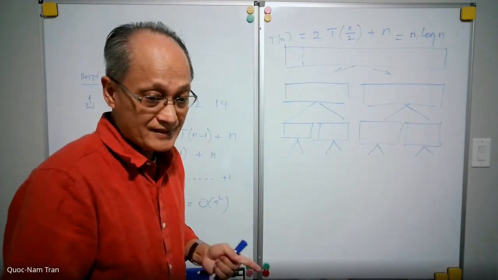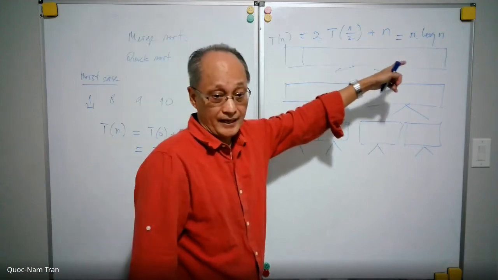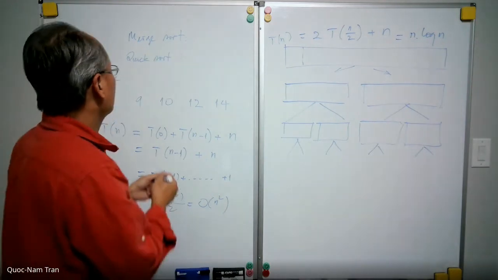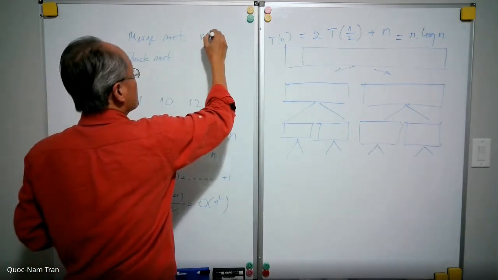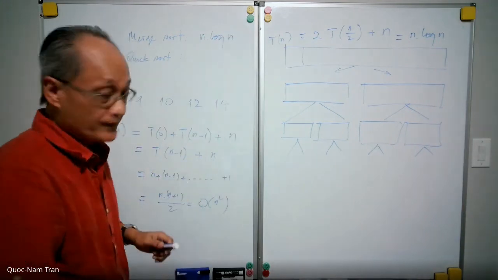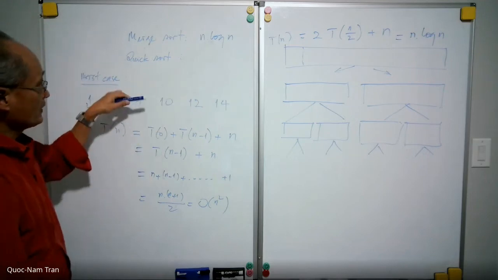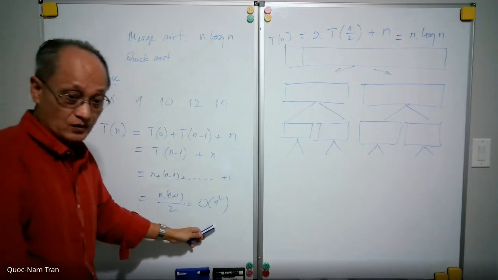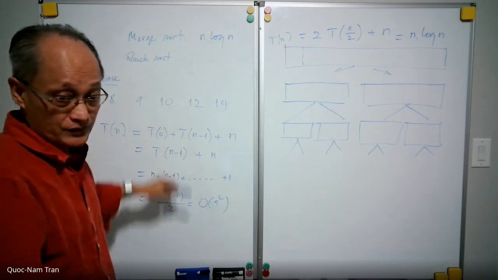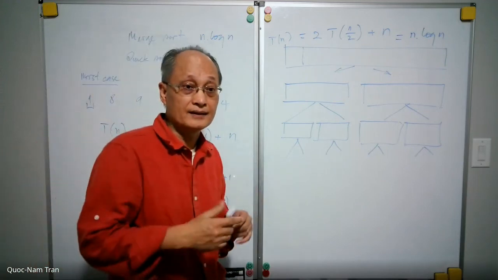Okay, so that said, the best case for quicksort is n log n, similar to merge sort. Now, the worst case, we know that quicksort is n squared, but as I mentioned before, we can avoid the worst case by checking whether or not the list is already sorted.